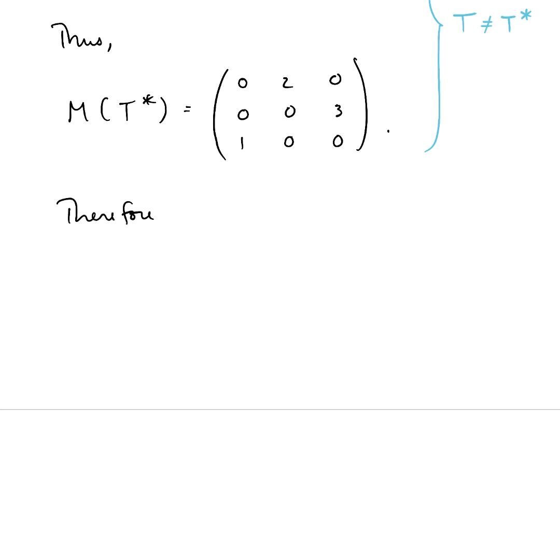Therefore, the matrix for T star T is, well, here's T star.